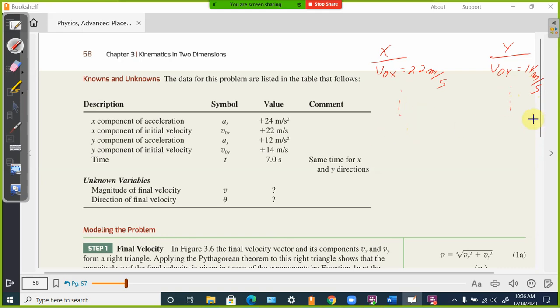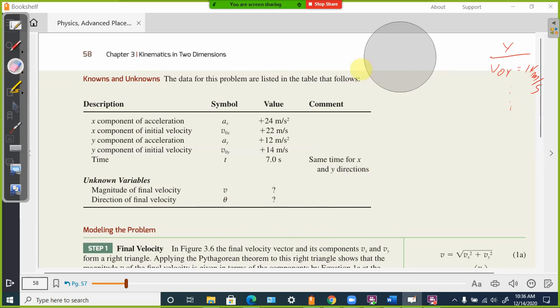We had time equals 7 seconds. Now this time, we're not searching for displacement. We're trying to find the final velocity in the x direction and the final velocity in the y direction, because once I have those final velocities for x and y, I can determine the overall final velocity they're looking for, in other words, that hypotenuse we talked about before.